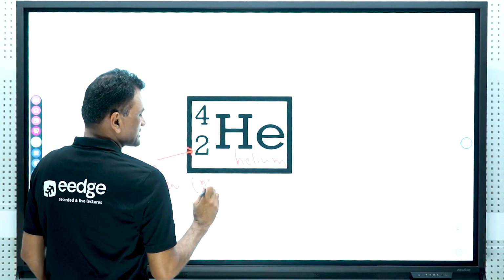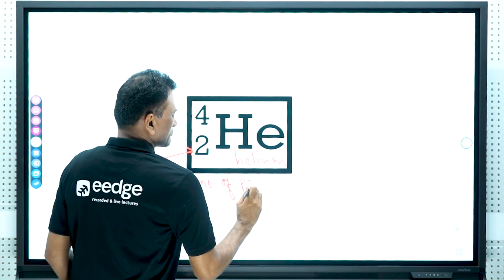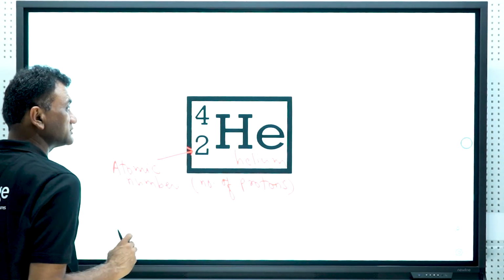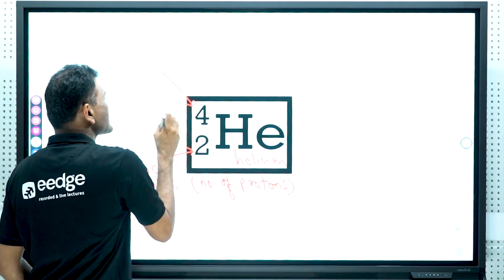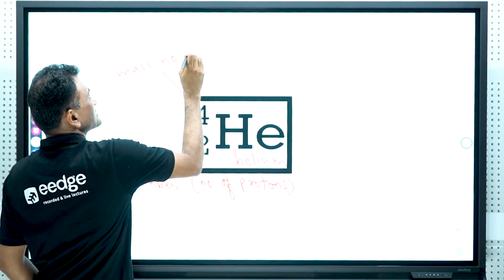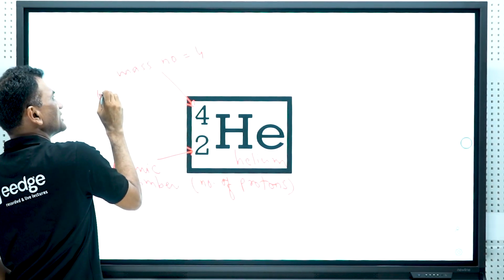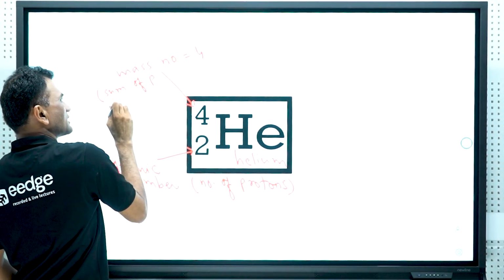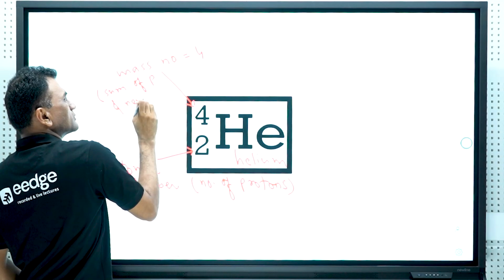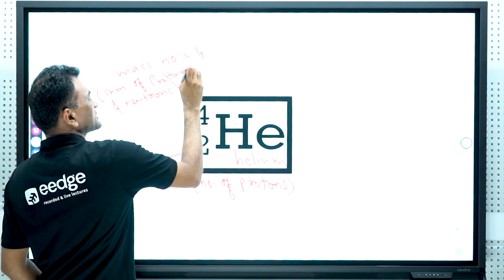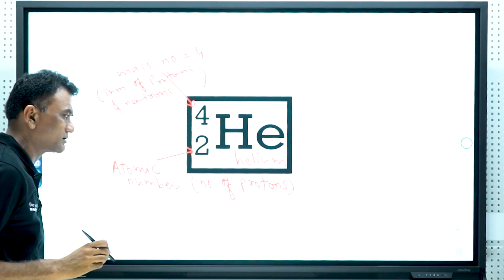Atomic number means number of protons. So helium consists of 2 protons and the mass number is 4. This is mass number. Mass number of helium is 4. Now mass number is sum of protons and neutrons. Sum of protons and neutrons is mass number.